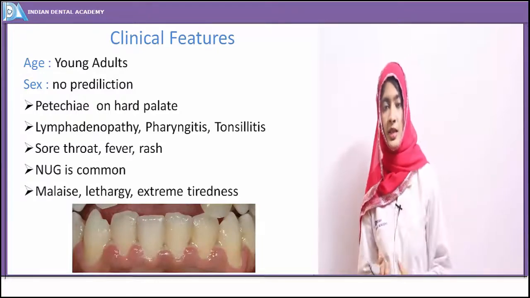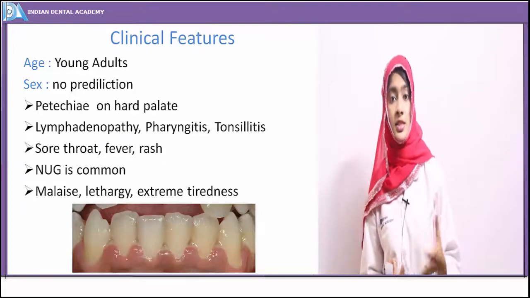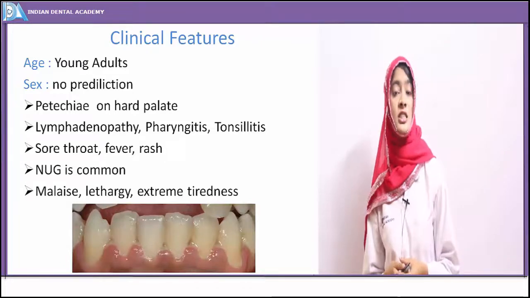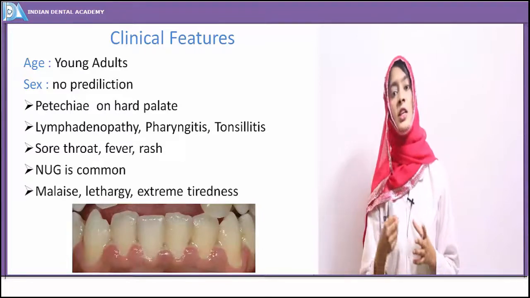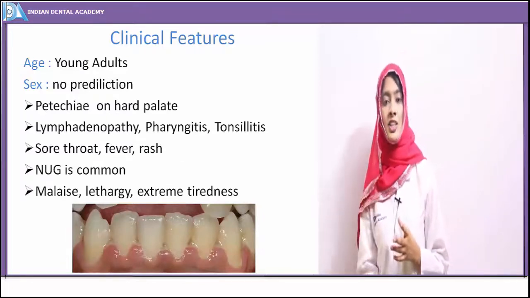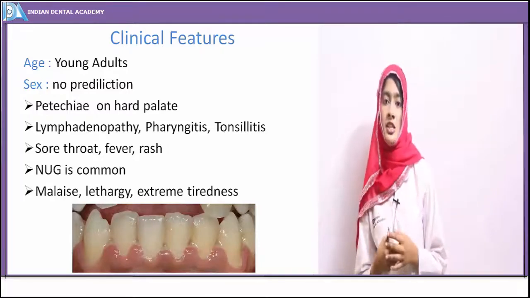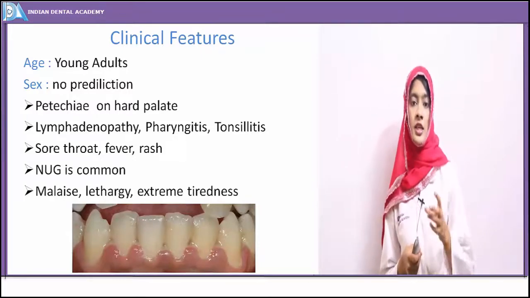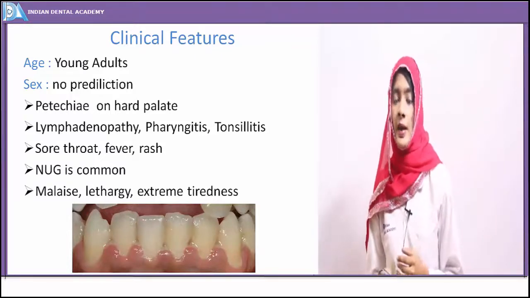He becomes extremely tired, has difficulty concentrating, and lethargy may be present. In the oral cavity, you can see necrotizing ulcerative gingivitis confined to the marginal gingiva. There is destruction of interdental papilla, and petechiae occur on the hard palate.